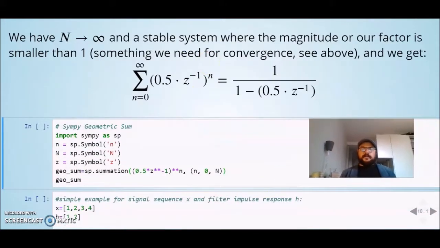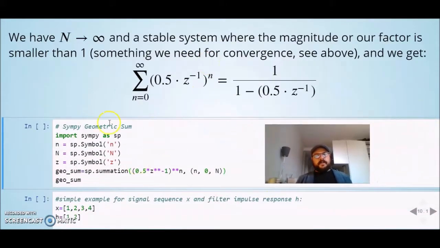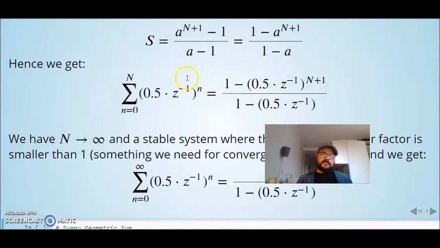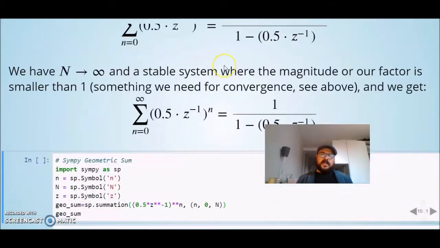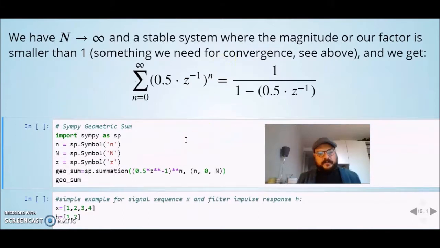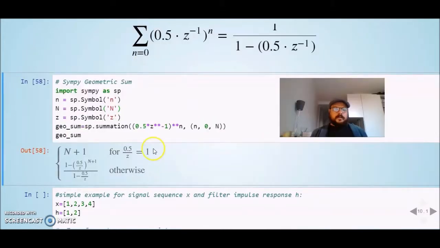We can also use SymPy to solve this. So if we don't want to do all these maths, we can make use of symbolic Python. So we're importing SymPy. We're defining the symbols, and here we're doing the summation of 0.5 times z to the power of minus 1, to the power of n, here going from 0 to N. So there it is.